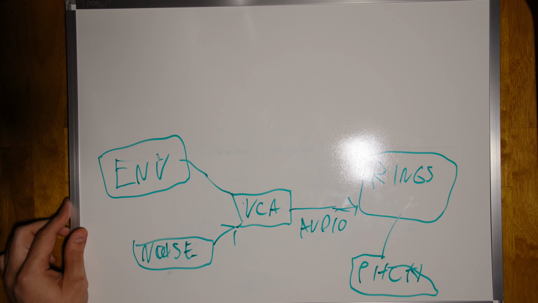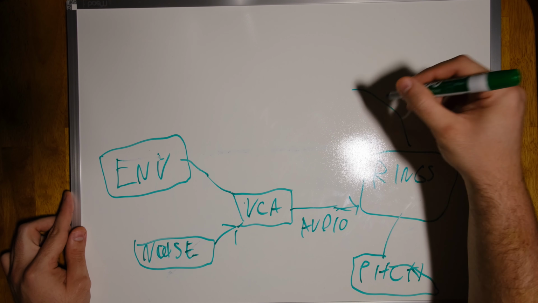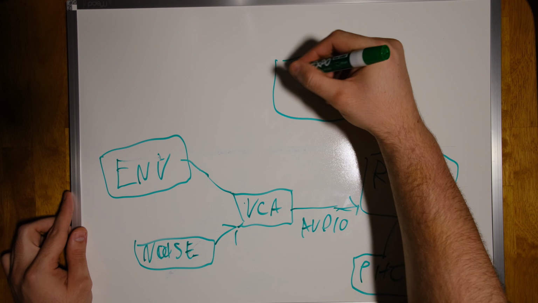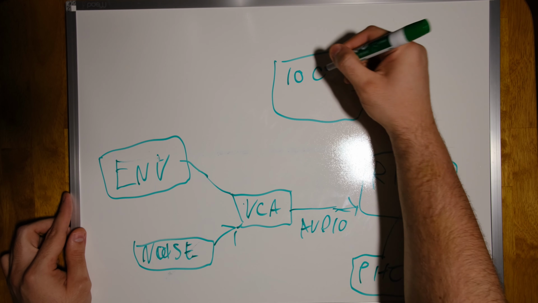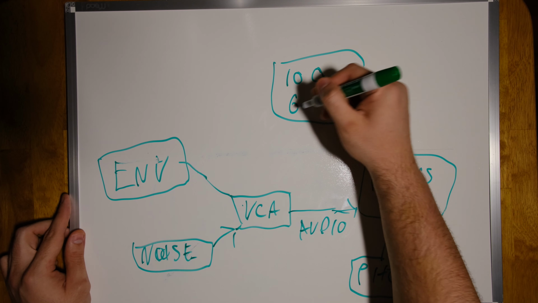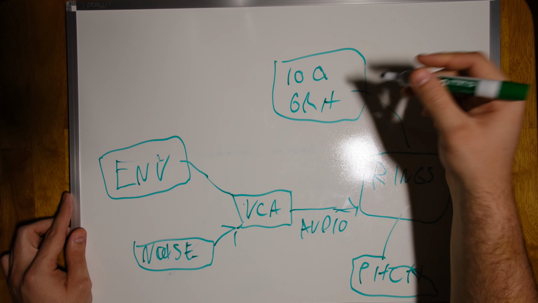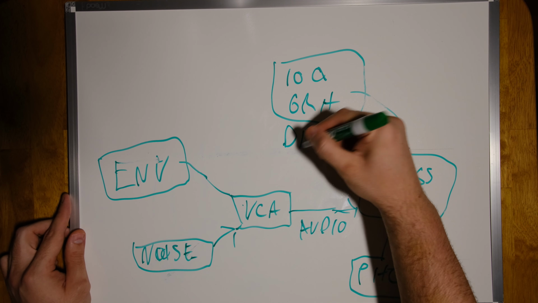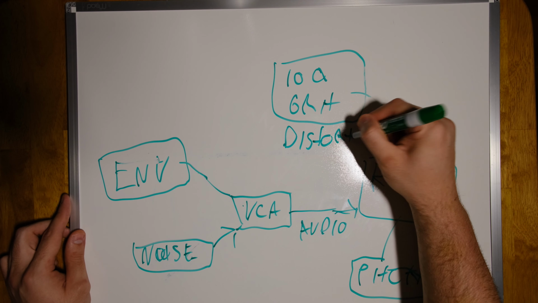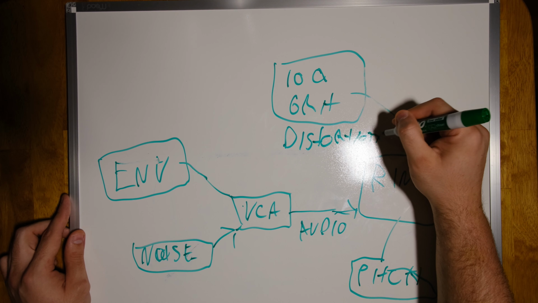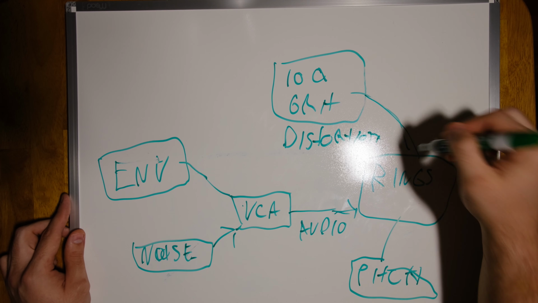The rest of this patch is actually really simple. We're going to take the output of Rings and we're going to put it into our 100 Grit, which is just distortion, right? Nothing really fancy here. We're not doing any crazy modulation.